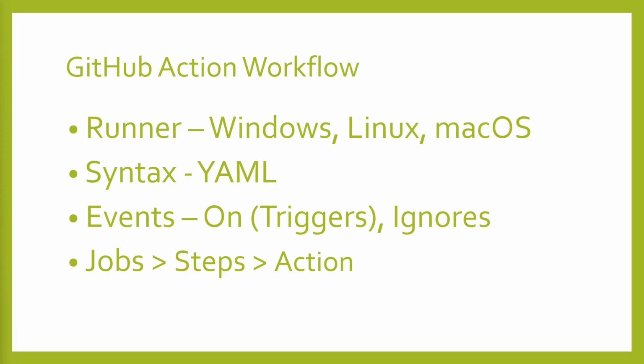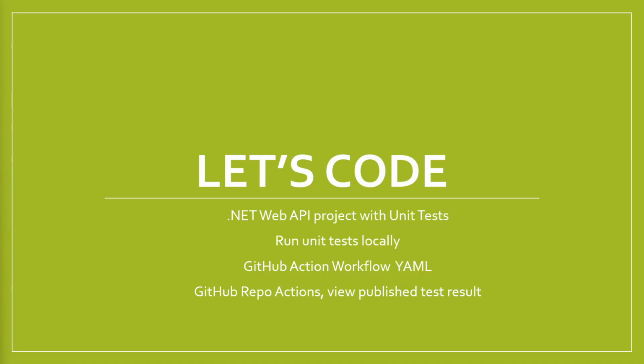Let's go ahead and take a look at the next slide, where we want to do some hands-on coding for writing our GitHub Action workflow. So before we begin, we're going to create a .NET Web API project and write some unit tests. The focus of today's presentation is around continuous integration, and as part of continuous integration, there will be some unit tests that we want to execute.